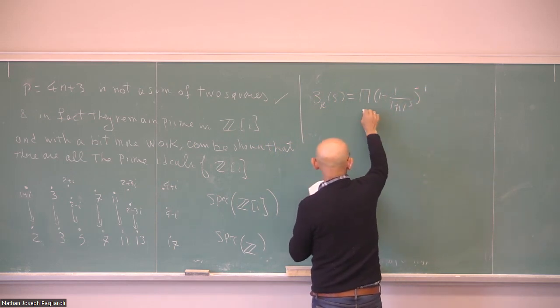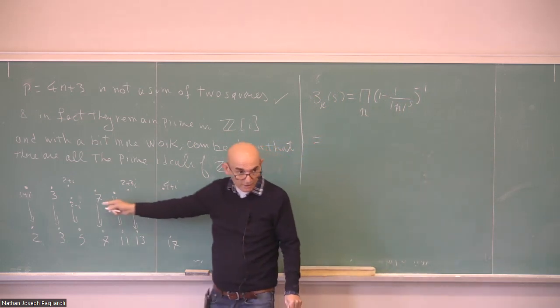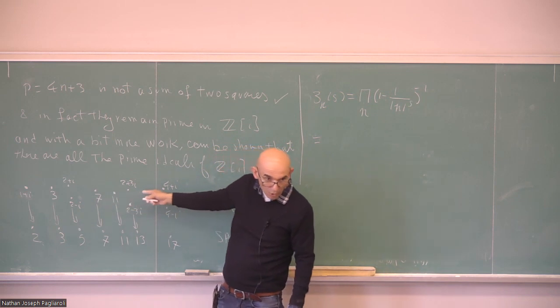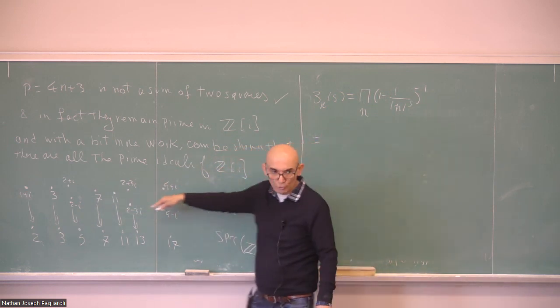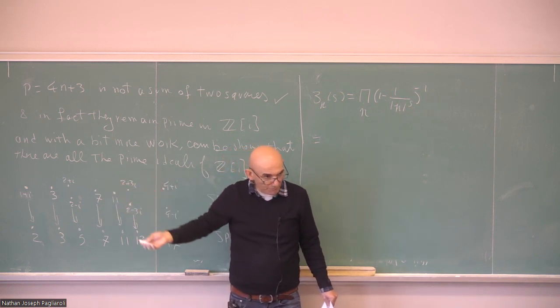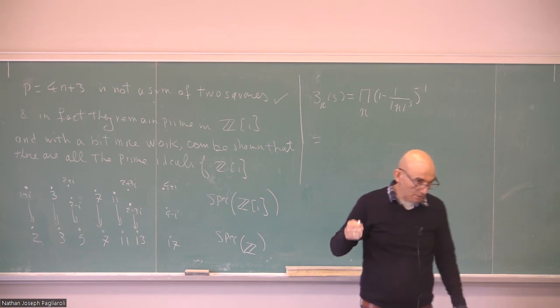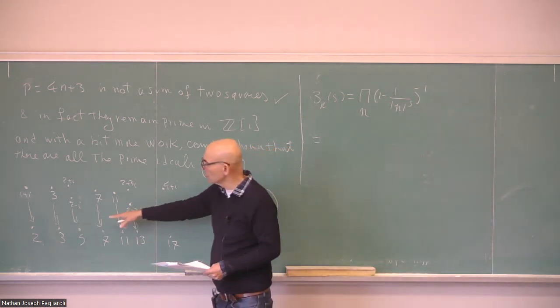So we have to go through the list of primes here and multiply these Euler factors for all those primes. So we have to compute the norm of p for all those primes. The first one, of course, is 2.